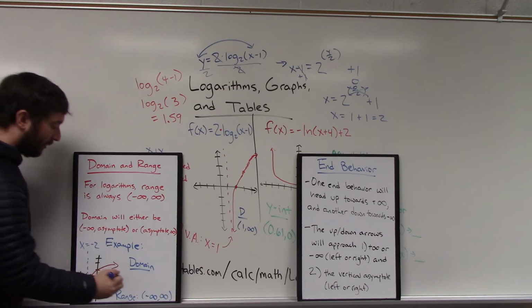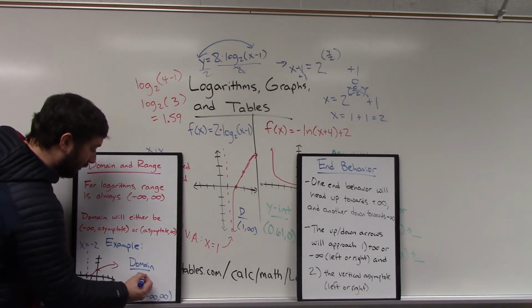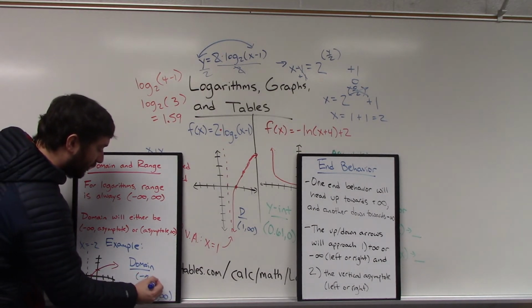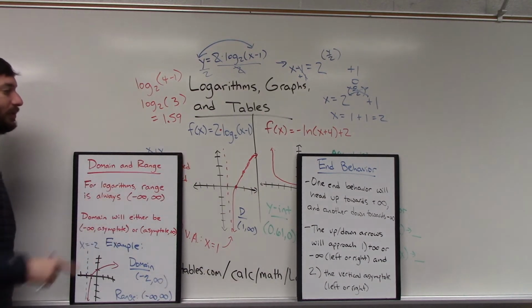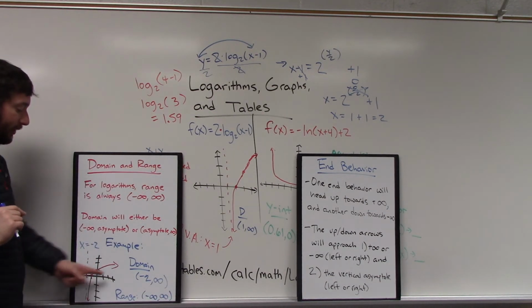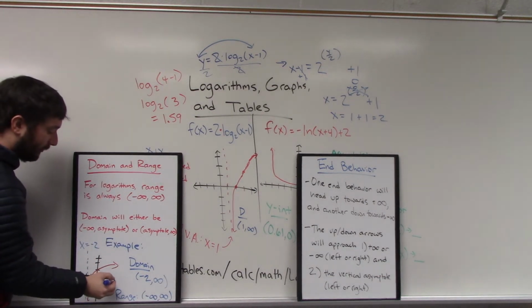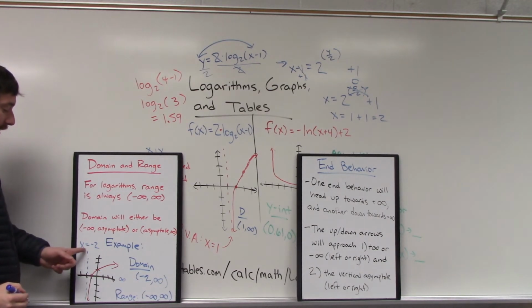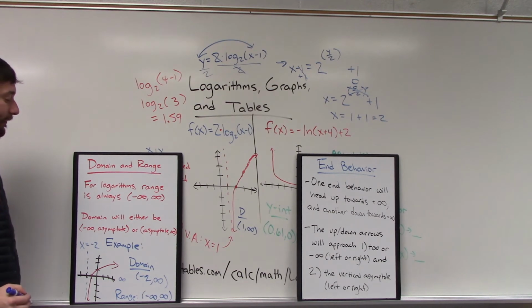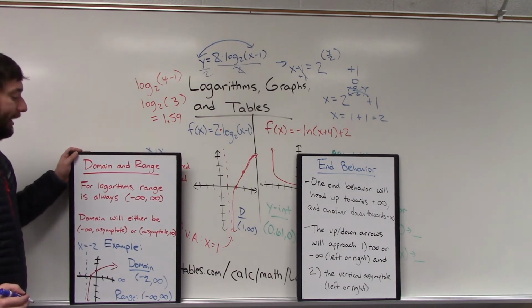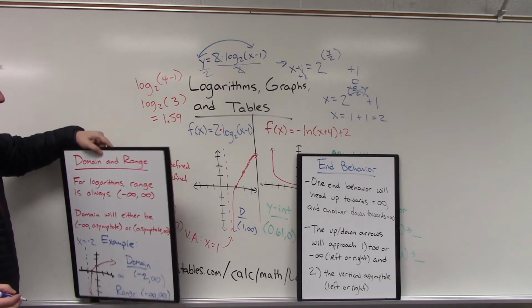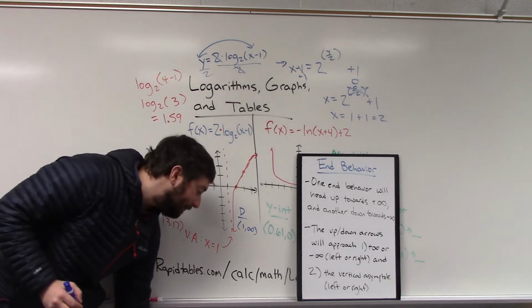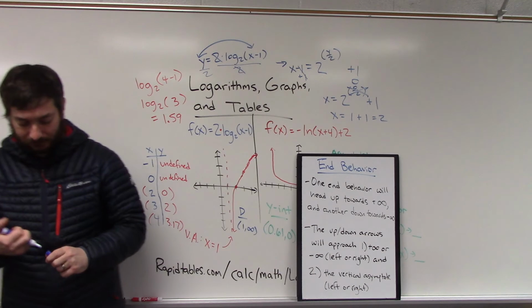So our domain will be negative 2, and the arrow points towards the right side of the page forever, towards positive numbers, 1, 2, 3, forever towards positive infinity, from that asymptote, from negative 2. So the domain for logarithms is restricted, the range is not. Okay. And lastly, end behavior.